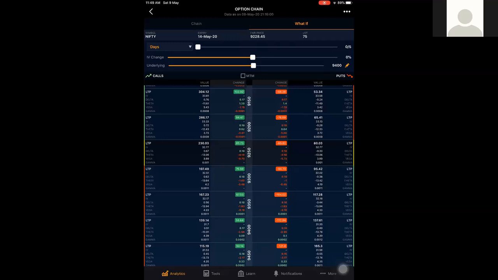Now, how will the Greeks change? Greeks will never remain constant. Your delta will move by 0.18 and become 0.62. That means as you go in the money, your delta will also increase. Your theta has become minus 13.64, so as a buyer you are about to lose more.